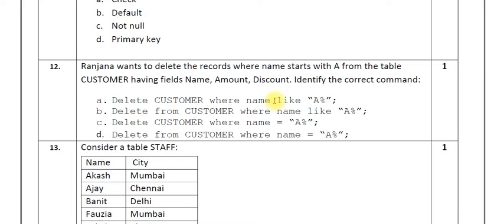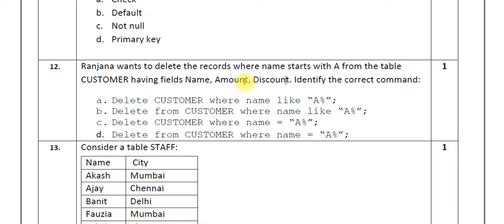So which one is it going to be? Now as you can see, all the fields that are in the table are given, but the particular task is to take the name field where name starts with A. So all the other fields that are given are completely obsolete.